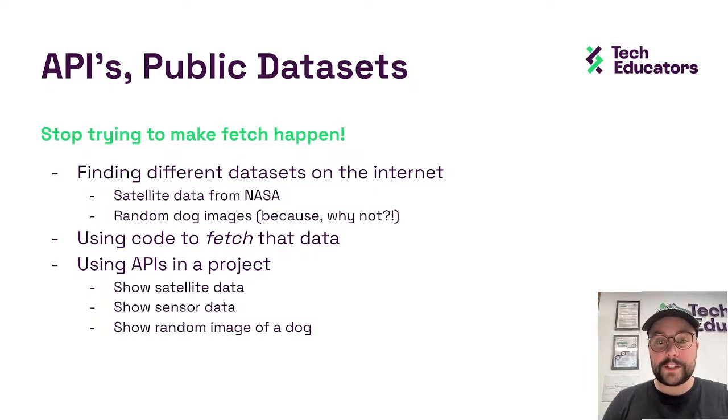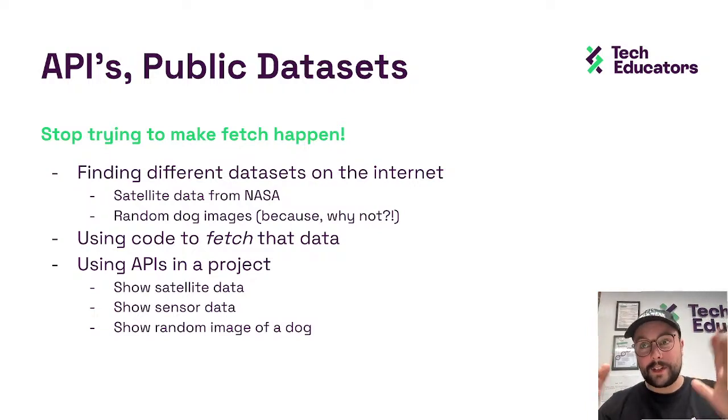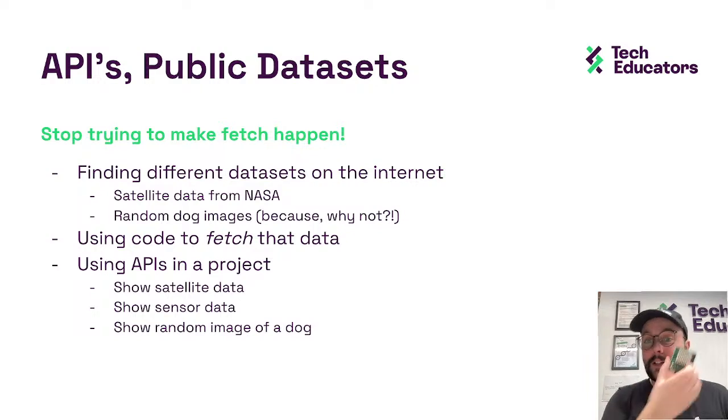We used code to fetch that data, using the fetch keyword, not because of the dogs, but because that's what it's called in JavaScript. And we looked at how you might use an API in a project. You maybe show some satellite data, give it a latitude and longitude, and get back a satellite image. Maybe you want to show some sensor data from a Raspberry Pi and a Sense Hat, or a picture of a random dog. All of those are valid reasons to use an API.